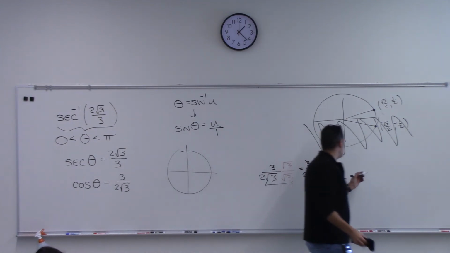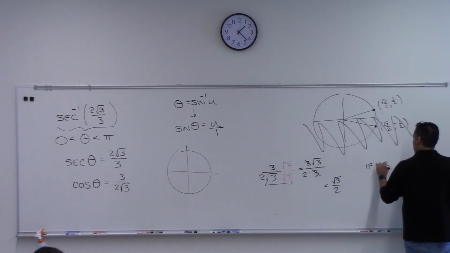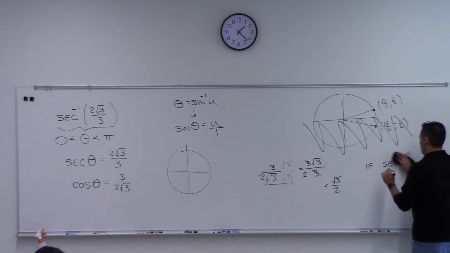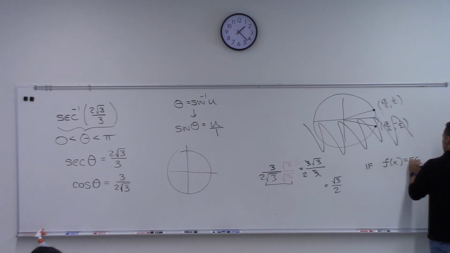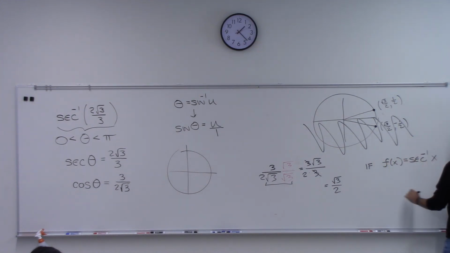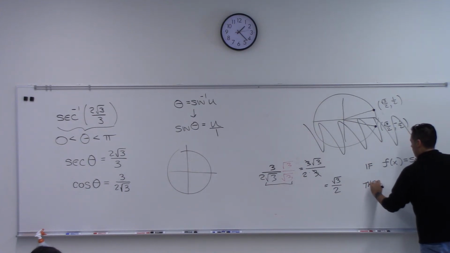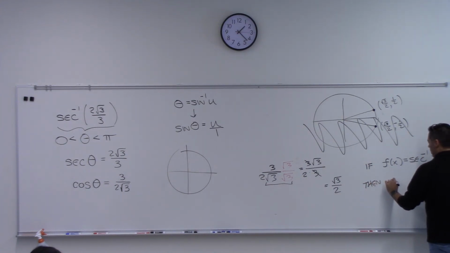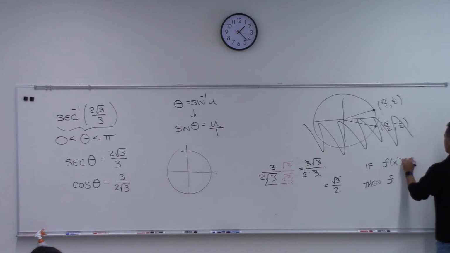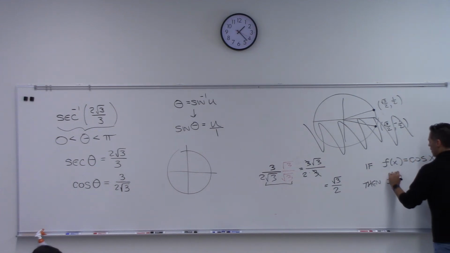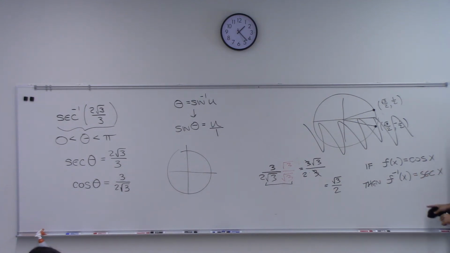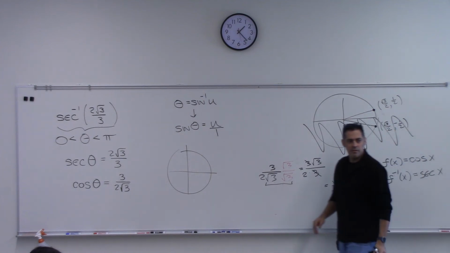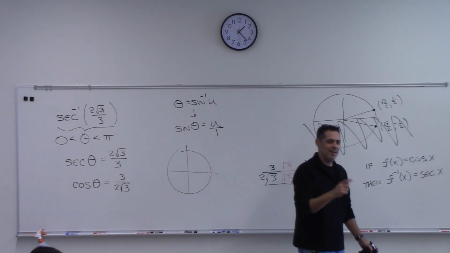It would have been in your notes where I wrote, if f of x is secant inverse of x, then f inverse of x is secant x, as long as, what did I have?